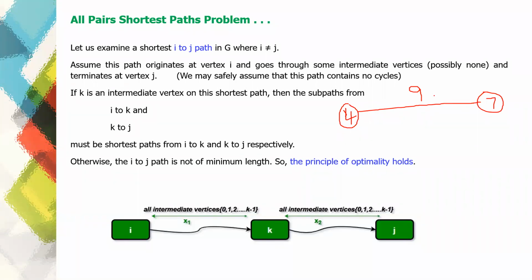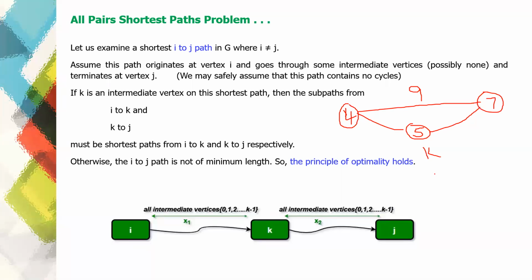Because this is not a greedy algorithm that we are talking about, but dynamic programming, where all the choices will be explored to choose an optimal solution. All the possible choices will be explored at each step to come up with an optimal solution. Even though there is a direct edge connecting node 4 to 7, maybe there is another path connecting 4 and 7 via an intermediate node k.